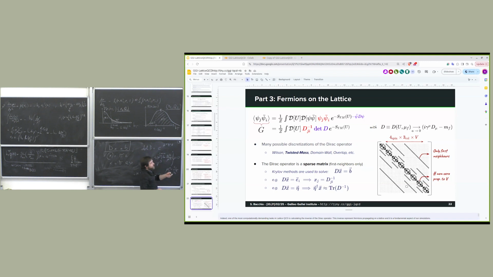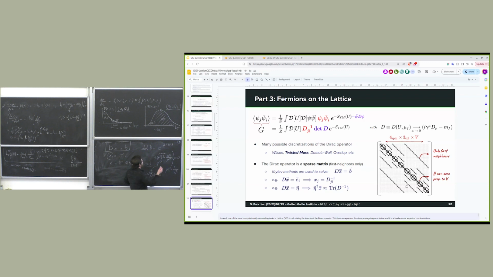Maybe here I go too much into detail, but for your information. The reason why with fermions you get the determinant of D is because you are integrating over the fermions.